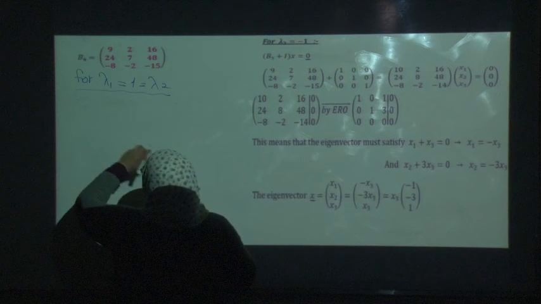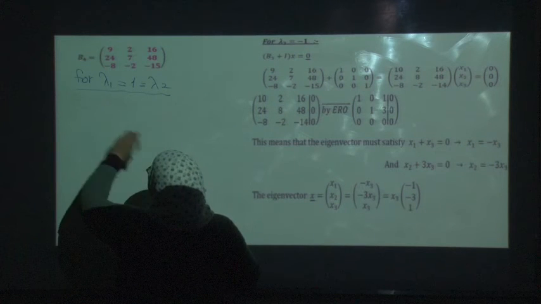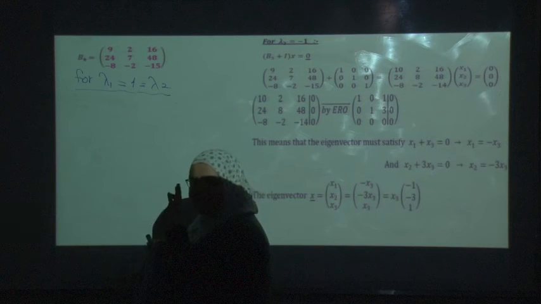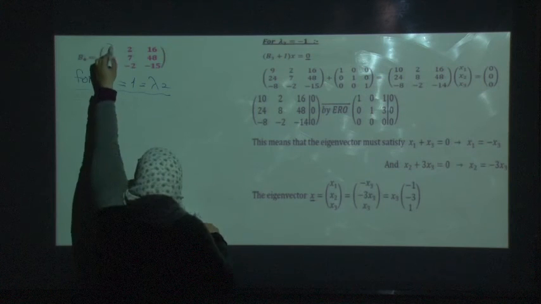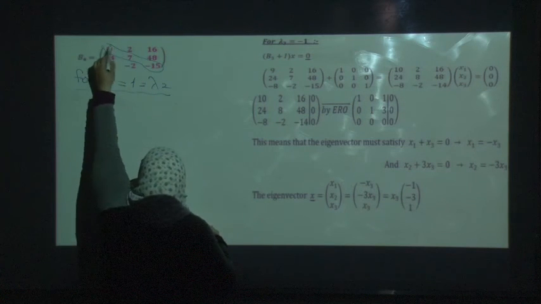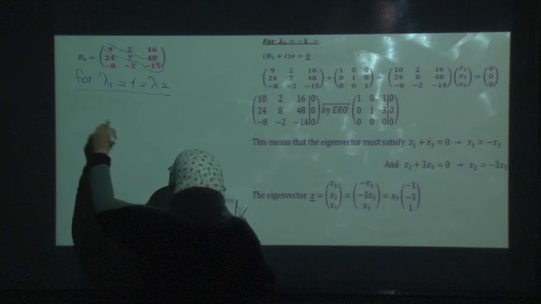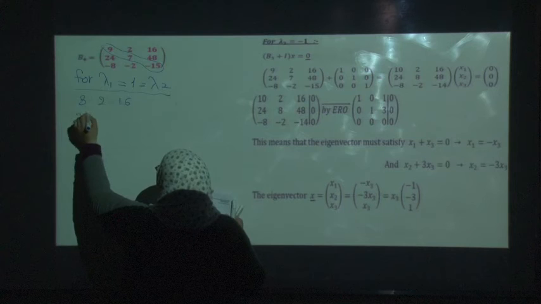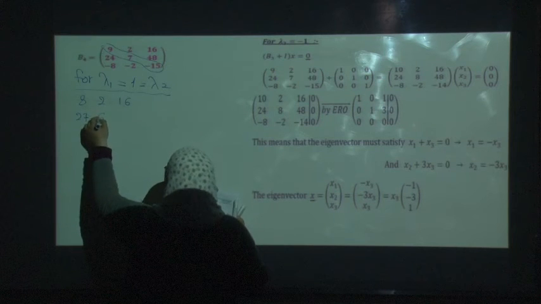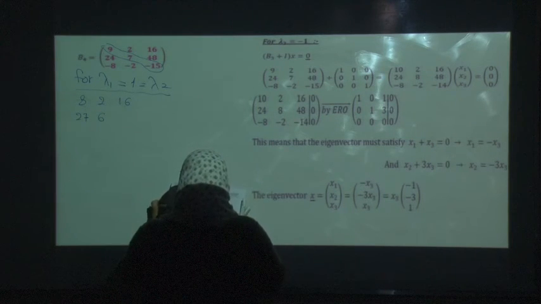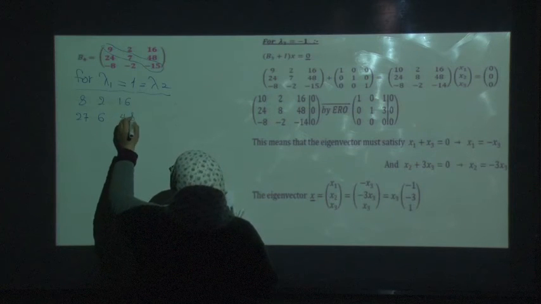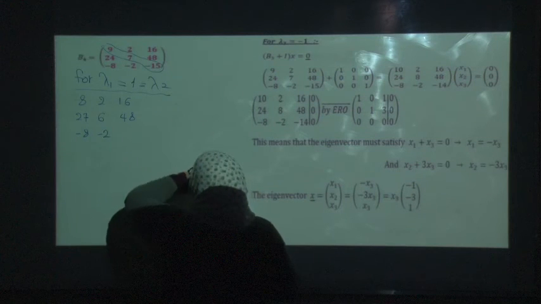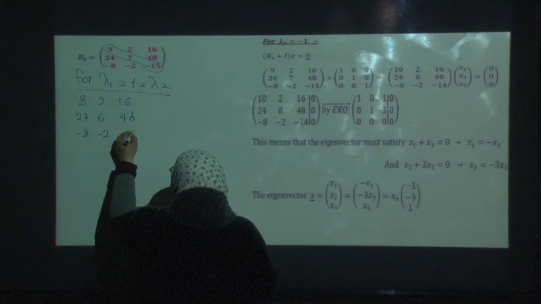Now we know the value of the lambda, so we will subtract from every diagonal element this lambda value. 9 minus 1, this is 8. And then the off-diagonal elements remain unchanged. And then 7 minus 1, this is 6. And 48 as it is. -8 is an off-diagonal element. -2 as well. -15 minus 1, this is -16.